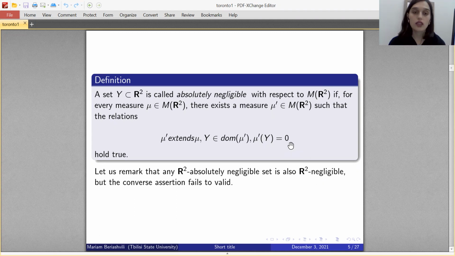If a set is absolutely negligible, then we can conclude that it is also negligible. But the converse assertion is not true: if a set is negligible, it does not imply that it is absolutely negligible.